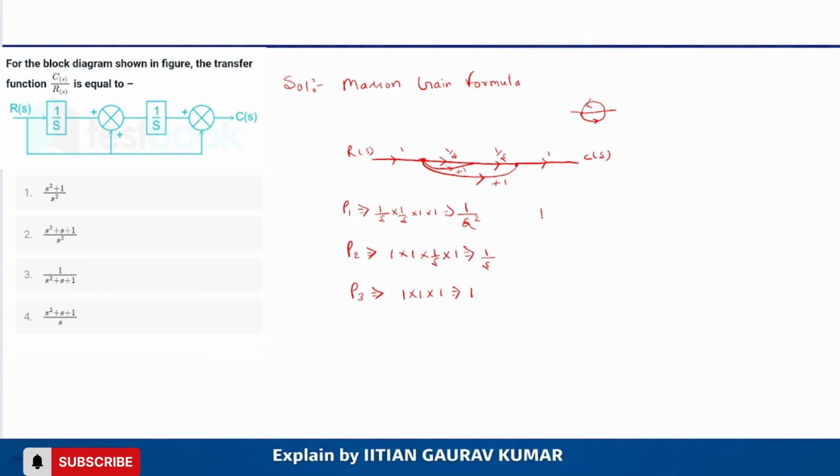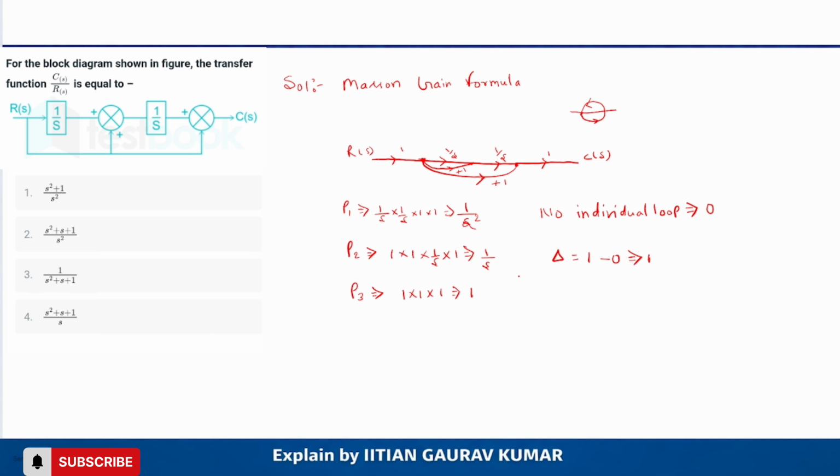But here there is no individual loop, so 0. The graph determinant delta is equal to 1 minus individual loop gain, so 1 minus 0, so 1.